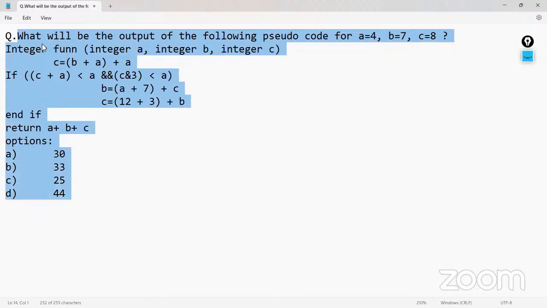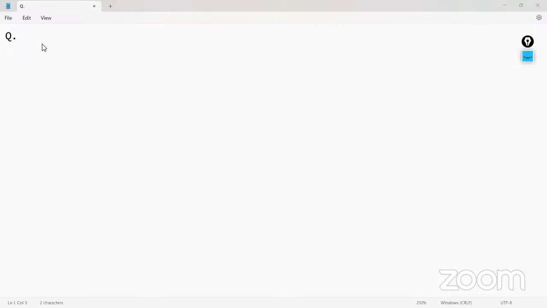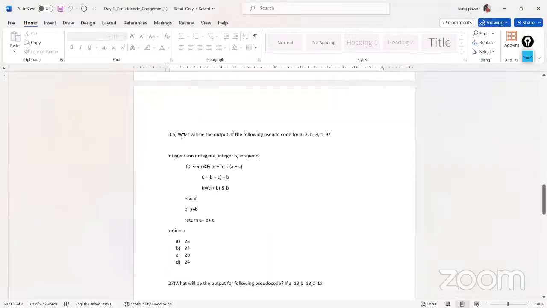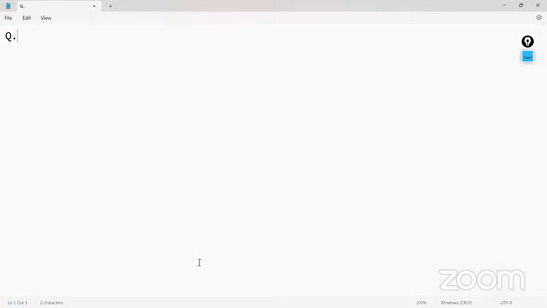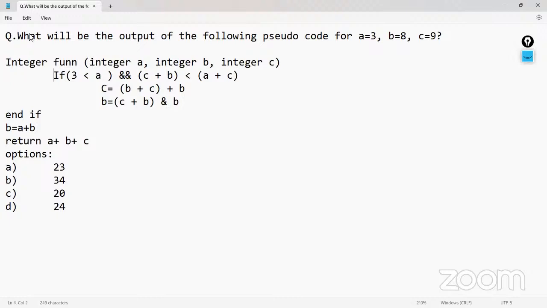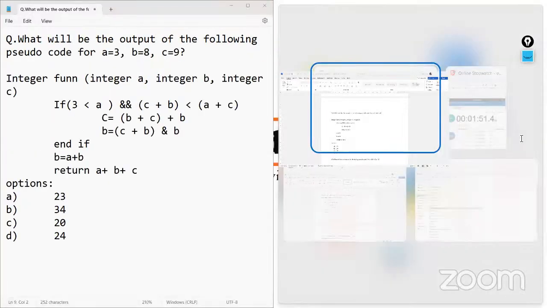Let me remove this. Okay, your time starts now. These are the values. Please make sure and tell me the right answer.